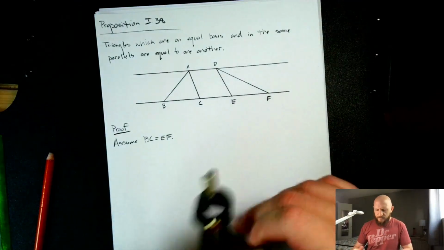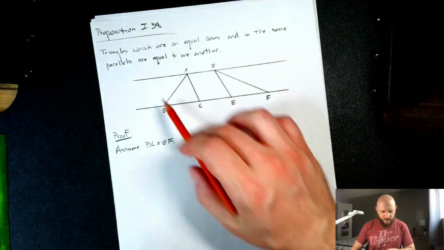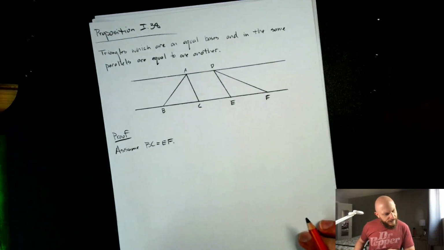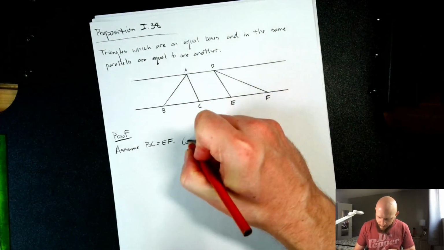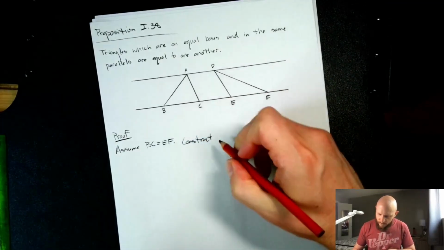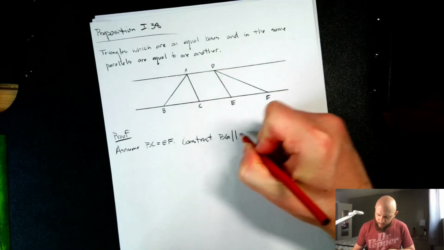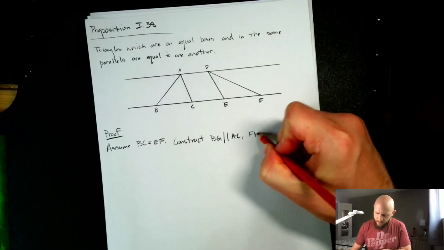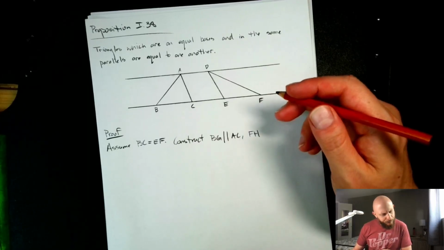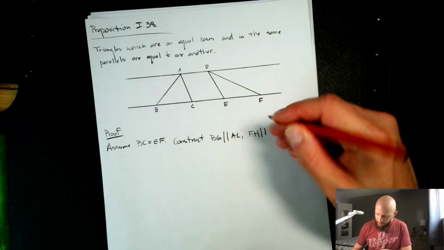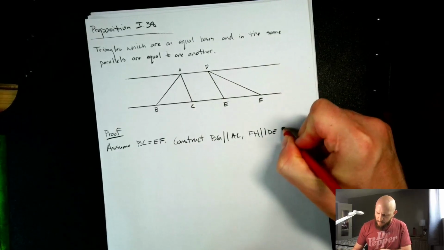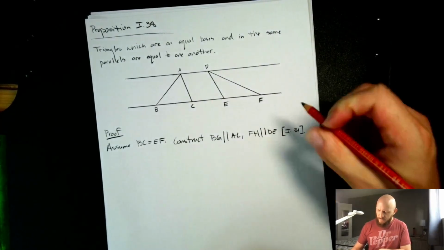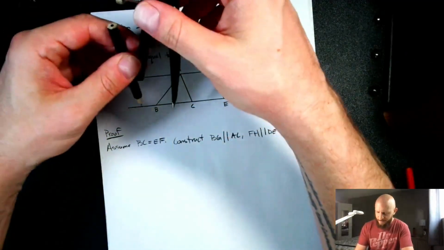So the first thing that we're going to do is construct BG parallel to AC, and we'll also construct FH parallel to DE. And both of those are from Prop 31, that allows us to make parallel lines.